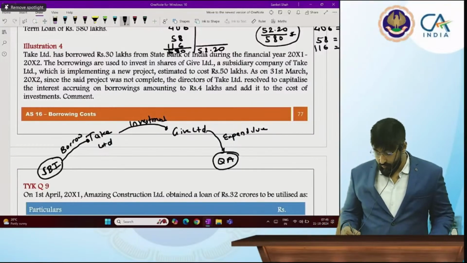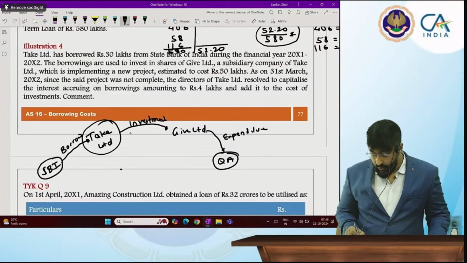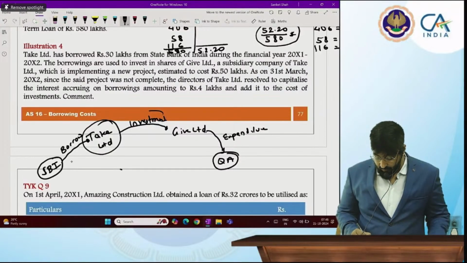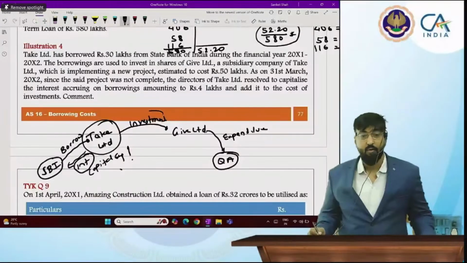Now they are asking you whether Take Limited should record this interest, because they have to pay interest, as capital expenditure. You got this scenario?